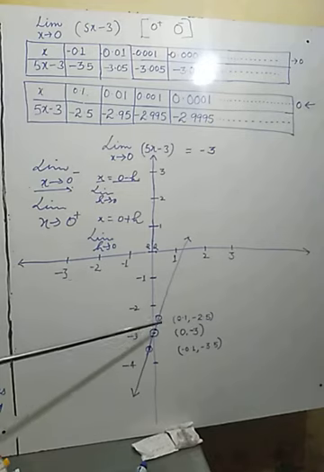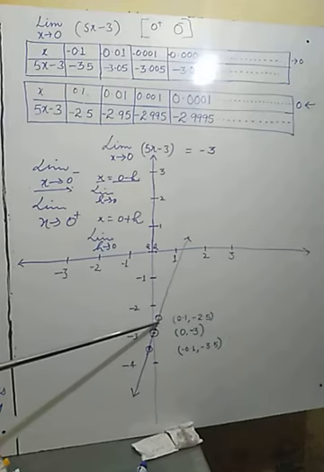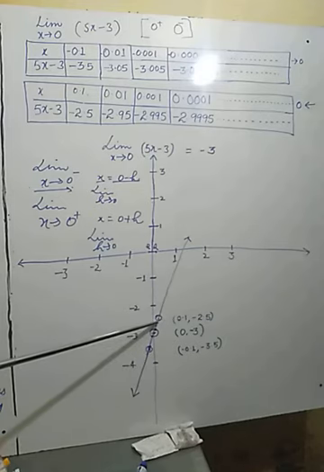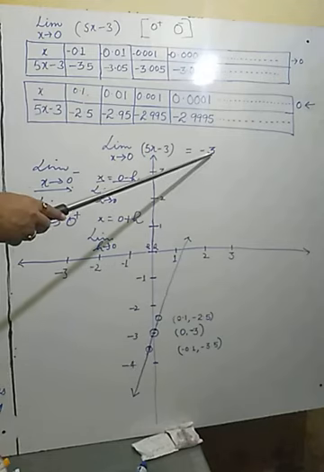So these points are there. This one is the left hand limit and this one is the right hand limit. This one is less than 0 and this value is more than 0. Now see, how can we check continuity? At this point, the limiting value of this function is minus 3.